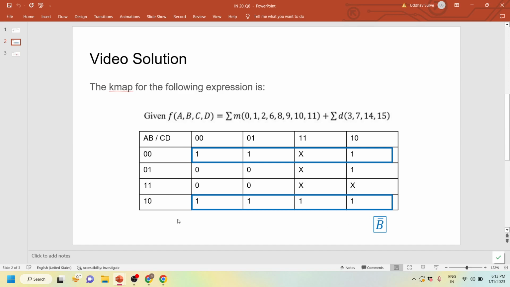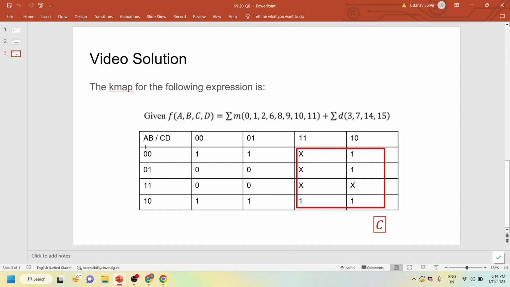Okay. Now the next group that is remaining is this one. To account for this central group, we couldn't have taken the earlier group because it has to be in the form 1, 2, 4, 8. So now we'll take the group of these 8 ones. If we look at this, A and B are changing.